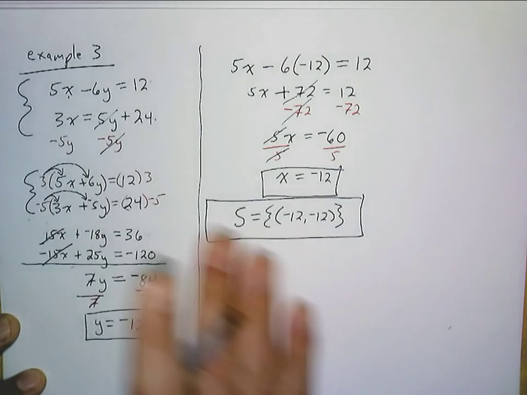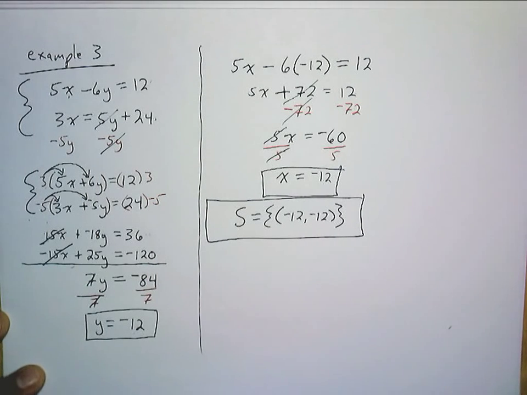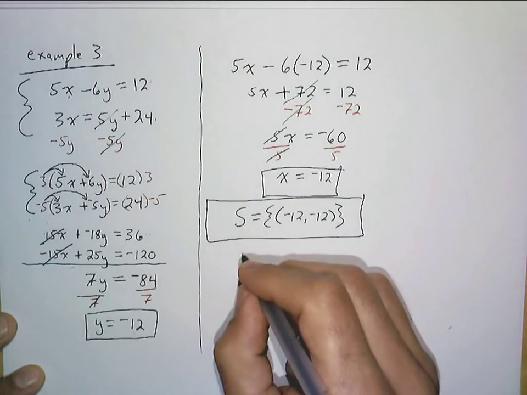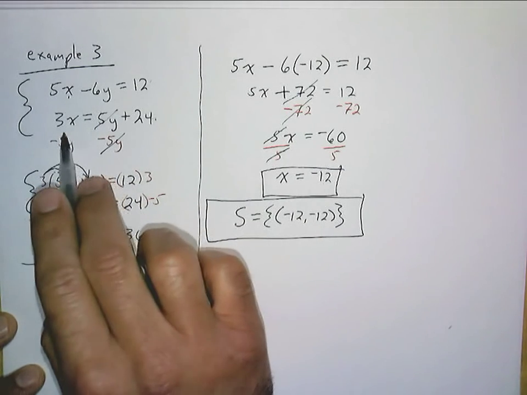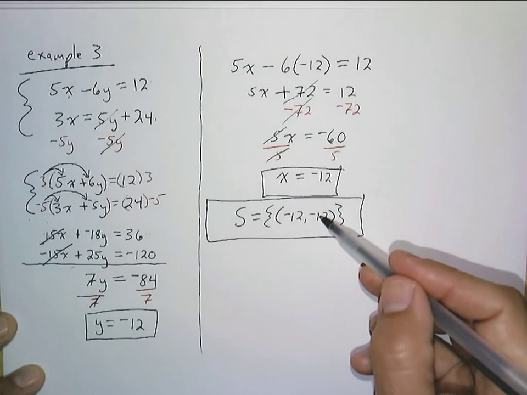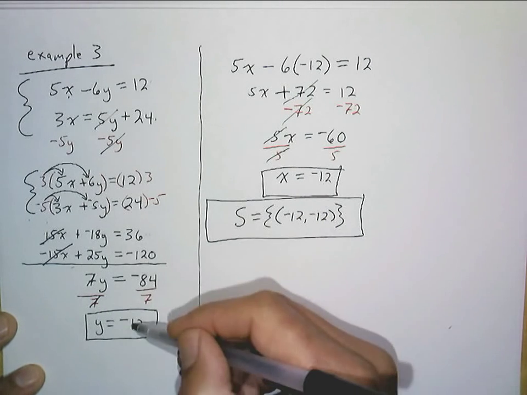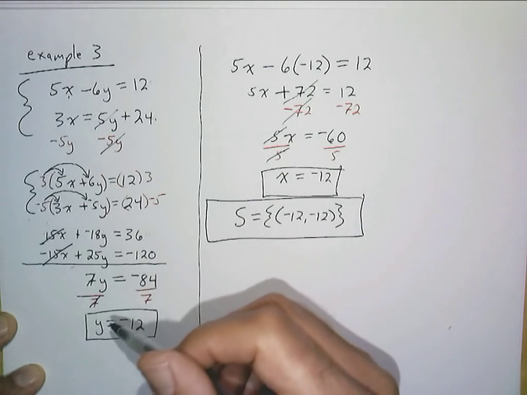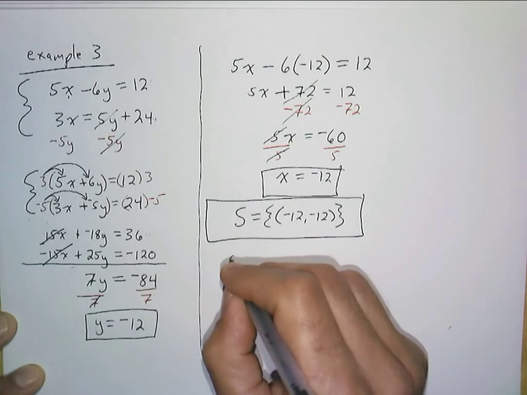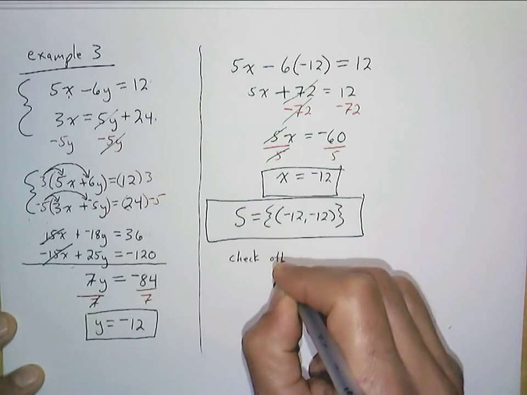But of course, we probably do want to check the other equation as well, the second one, just to make sure. So we'll ask ourselves, do we get a true statement when we plug in these coordinates? You could, of course, go back and plug in negative 12 for y and then solve for x, see if you get the same thing, but this works out too. So we're going to check the other equation.